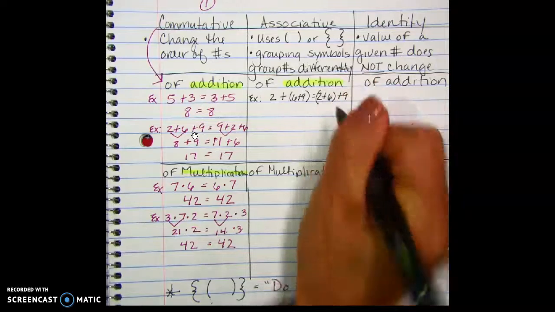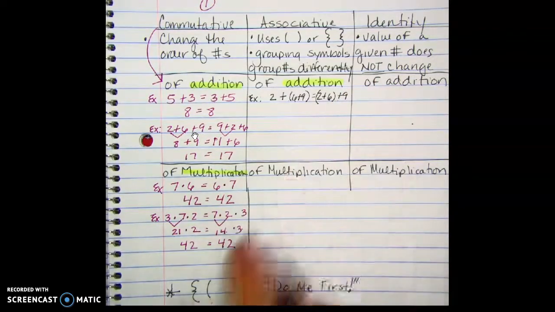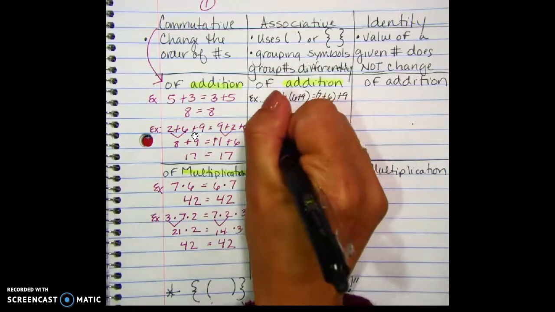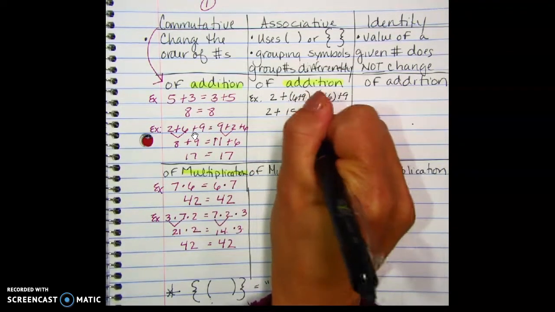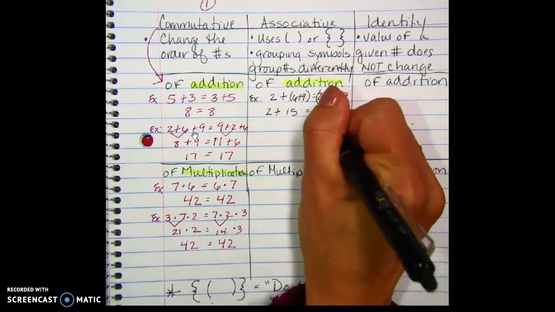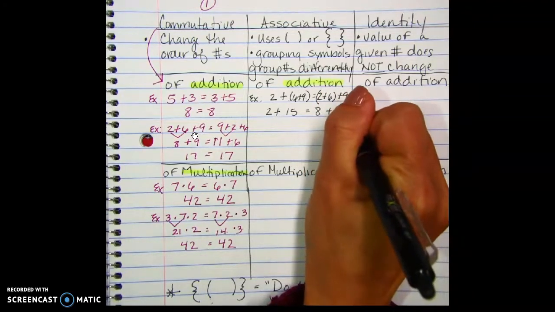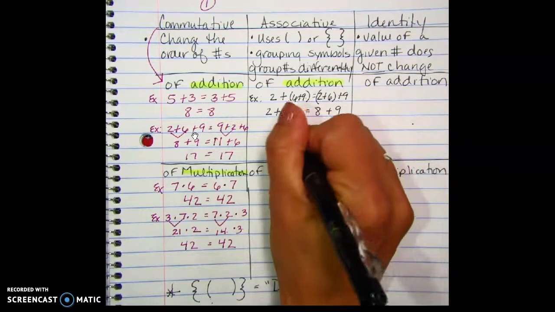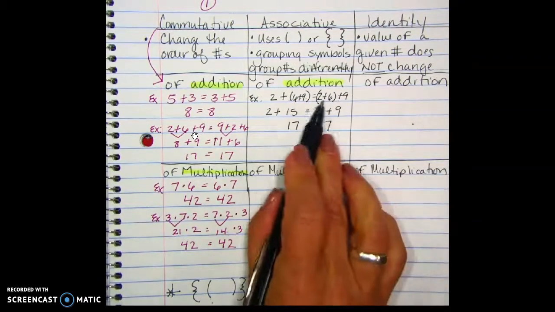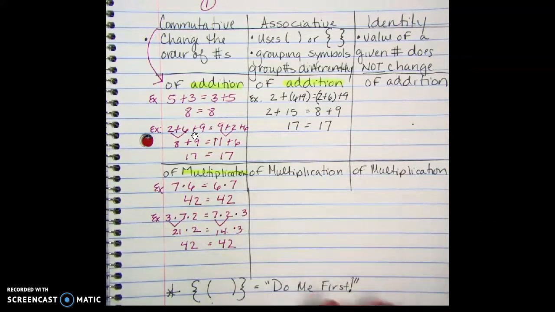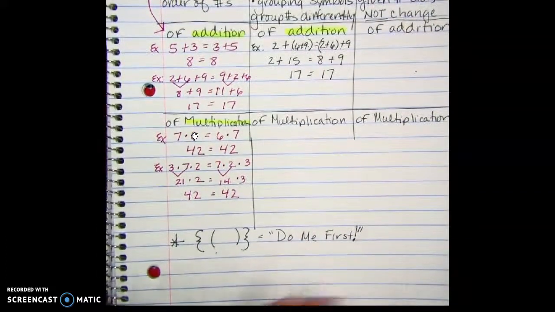Does this equal this? Notice how my grouping changed. My numbers didn't. Well, I just rewrite this way, and then I add these together, and then I add these together because that parenthesis says do me first. Now I can just add, and 17 equals 17. The groupings changed, but the answer did not. It worked. We proved it.